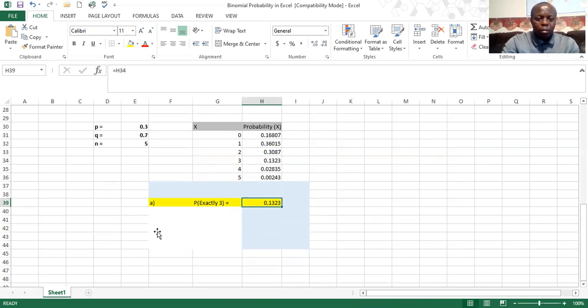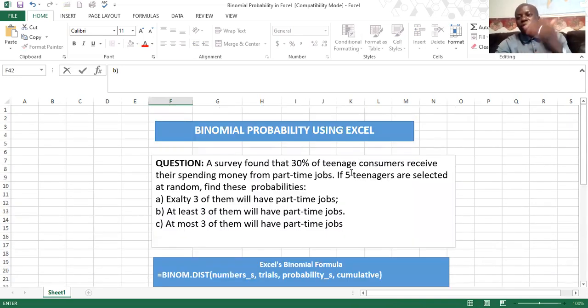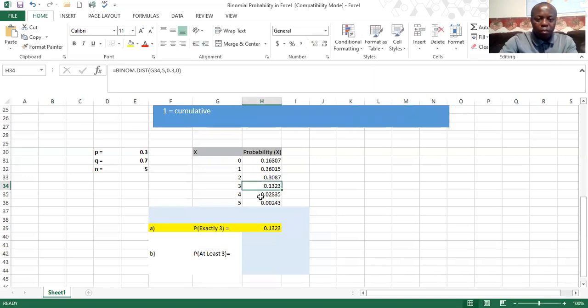Okay. Part B says the probability that at least 3 of them. At least 3 means 3 or more. So since we have 5 teenagers, the probability of 3 plus probability of 4 plus that of 5. We add them, and it gives us the answer right away. So we have probability of at least 3, probability of 3, 4, and 5.